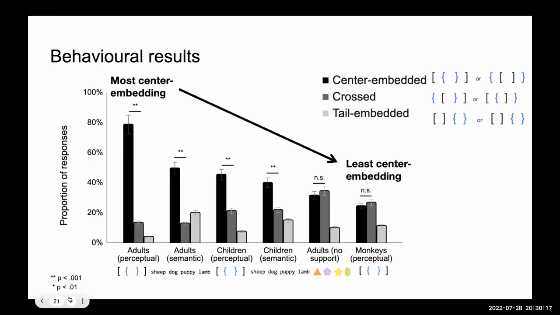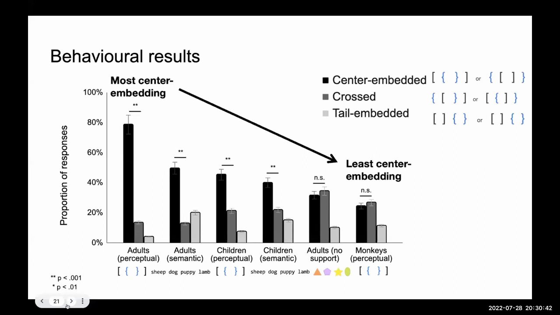And we saw that across conditions where there was relational support, adults and children were preferentially generating center embedded sequences. When there was no support for adults, or even when there was perceptual support for the monkeys, they were generating an equal amount of center embedded and cross sequences.